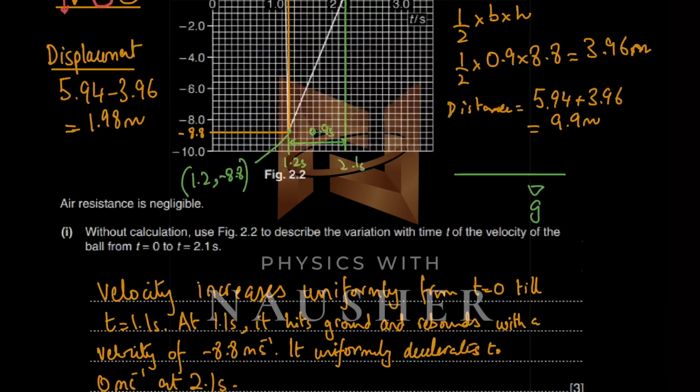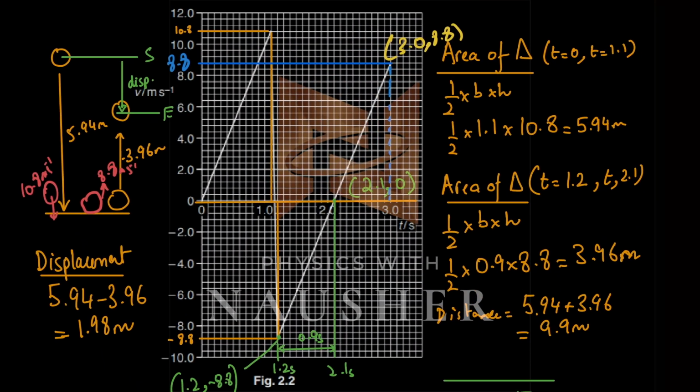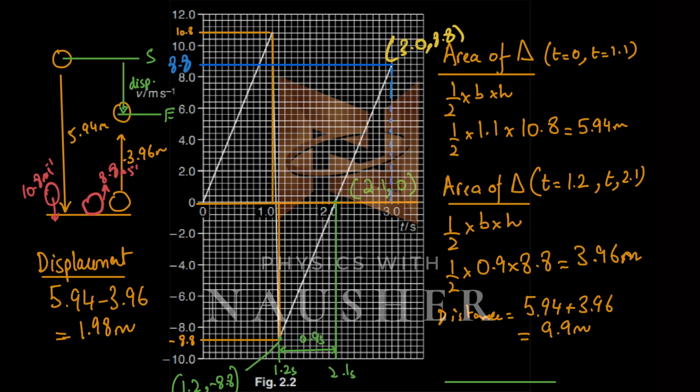Let me go back to the original graph. Guys, please remember, what is the difference between speed and velocity? Velocity is vector, speed is scalar. So all we have to do is remove this negative and reflect it into the positive part. So this peak of minus 8.8 will come here at plus 8.8 at the same time of 1.2.